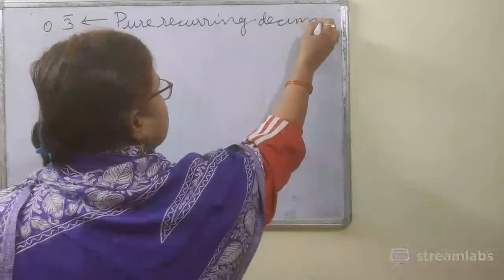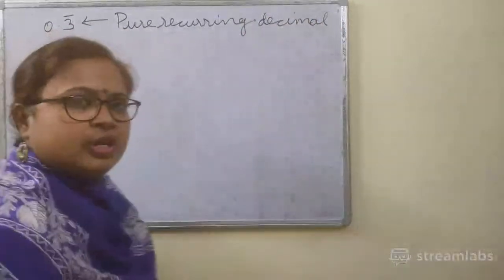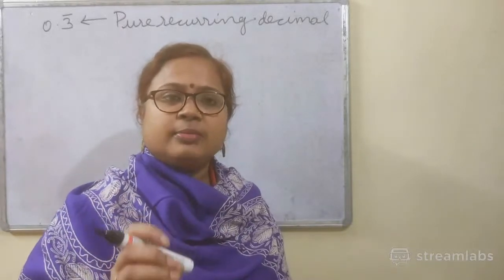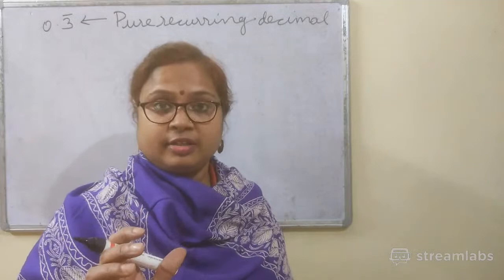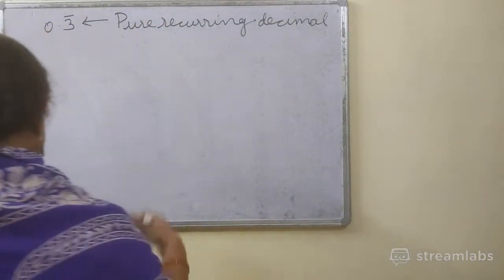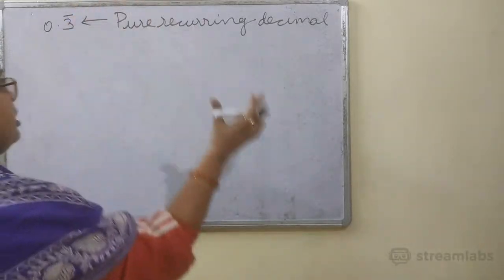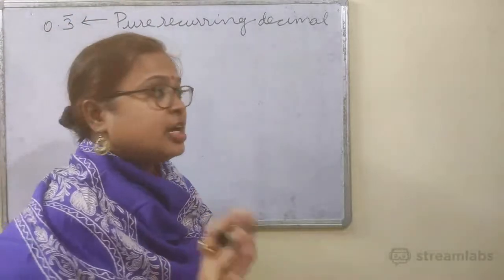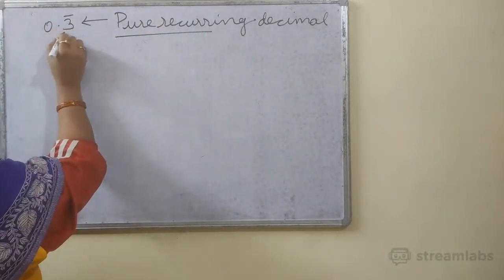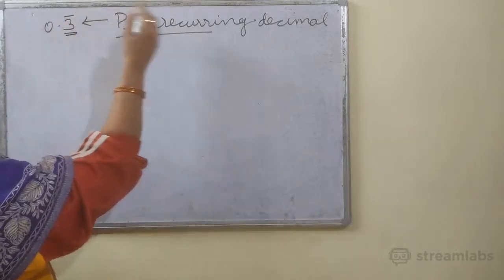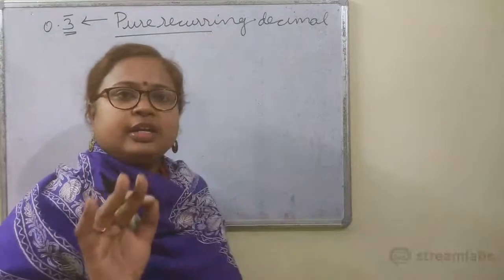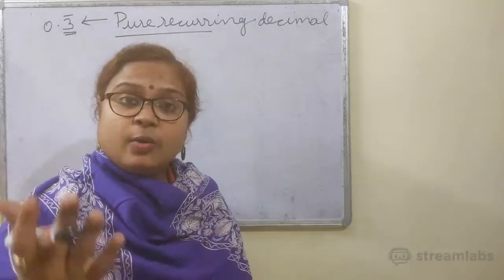Pure recurring decimal means all the digits in the decimal part are recurring, that is, repeating. Such a type of decimal is called pure. Here, in the decimal part, 3 is repeating. So this is an example of a pure recurring decimal, and you have to convert it into a vulgar fraction.